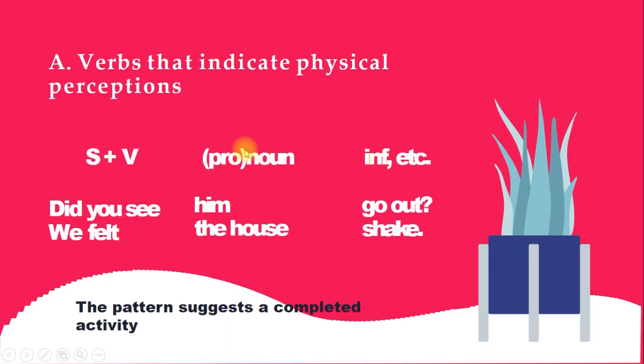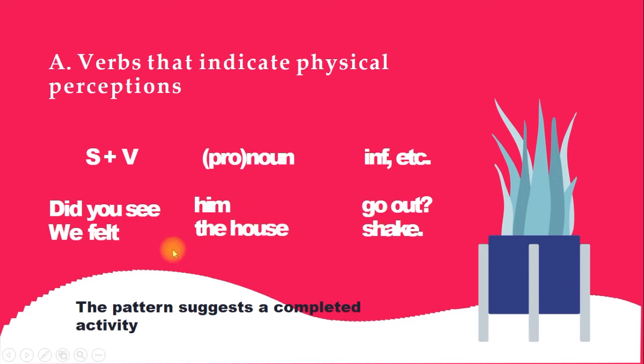The pattern in verb pattern 5 suggests a completed activity. It means that when we use the pattern like this, we do the activity completed. Just like, did you see him go out?